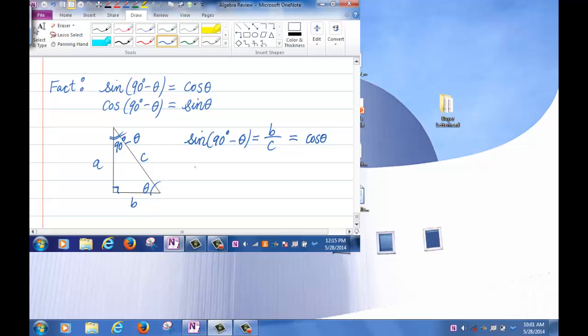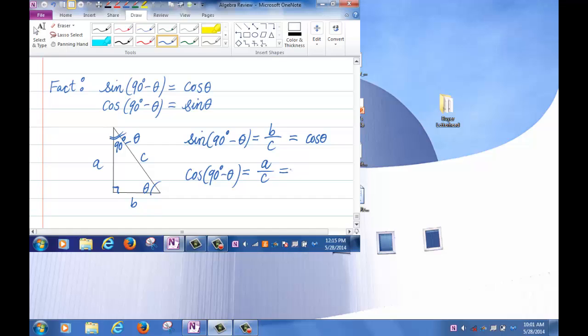And also for the cosine of 90 degrees minus theta, what is that? Well, for 90 minus theta, what is the adjacent? The adjacent is A, right? Divided by the hypotenuse. And what is sine of theta? Well, for theta, what is the opposite?